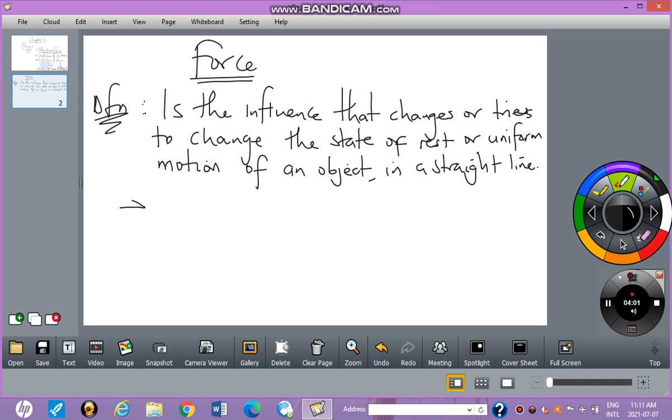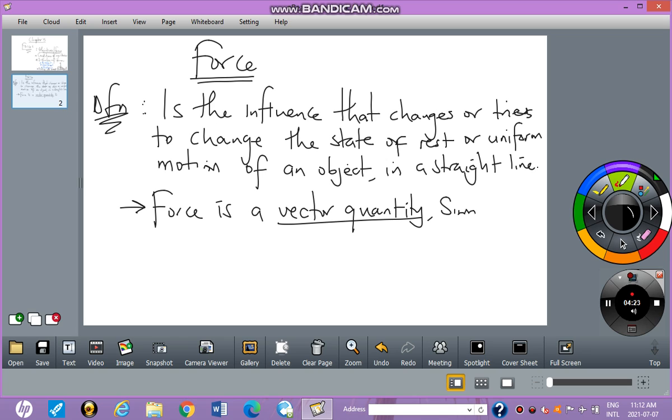So force is a vector quantity. I'm sure you can remember that. Force is a vector quantity. Why?